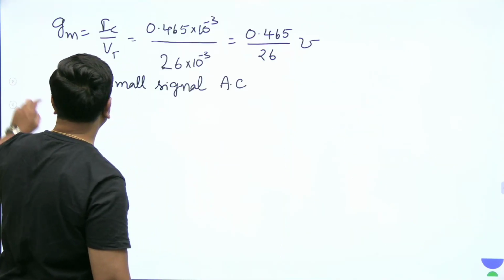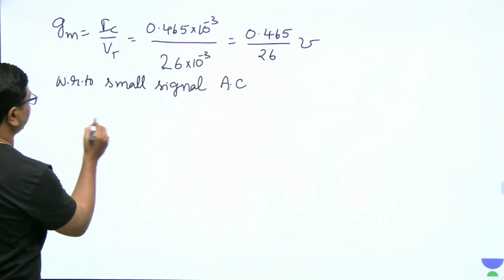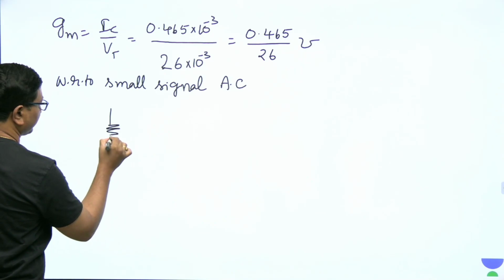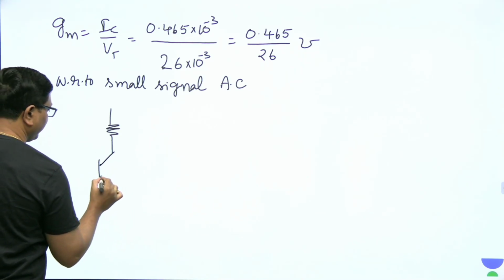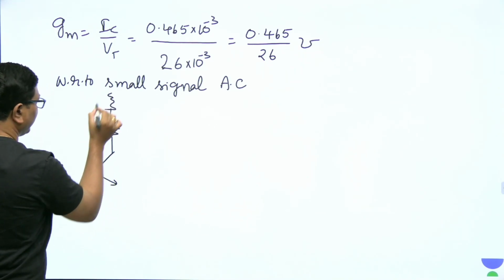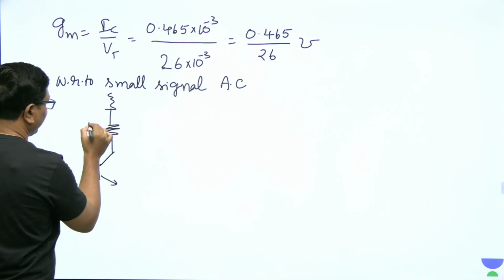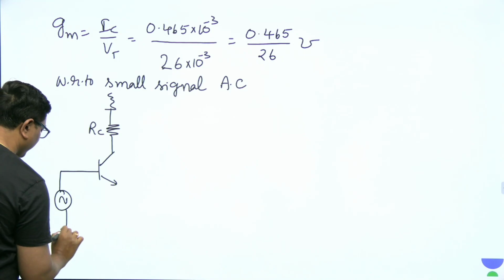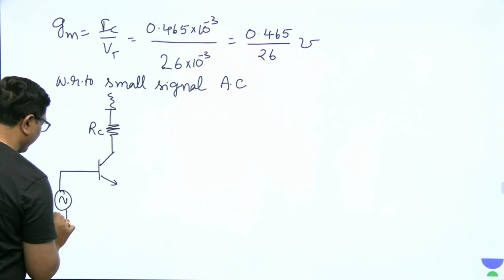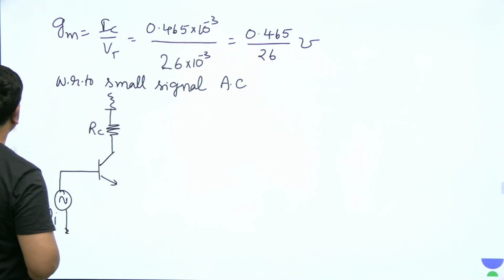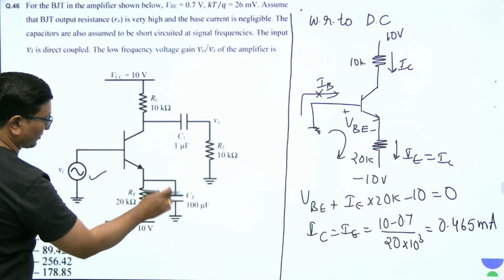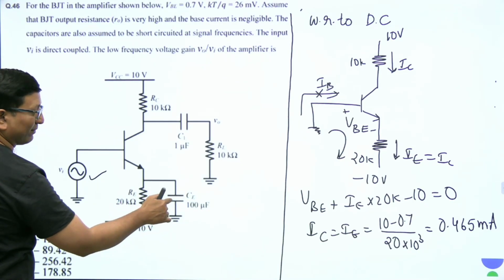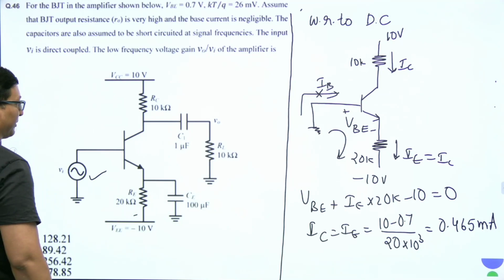So, with respect to AC, it is connected to ground. It is RC. V input, and once this capacitor is a short circuit, RE in parallel is shorted, so it is a short circuit only.